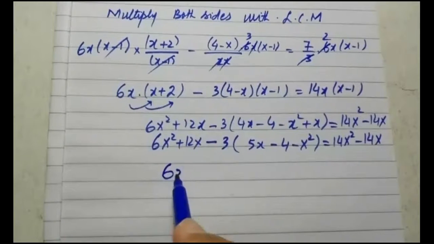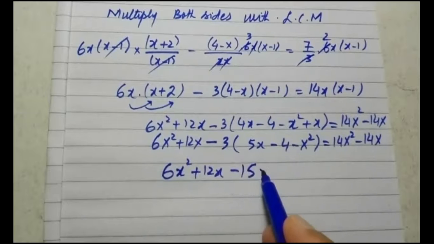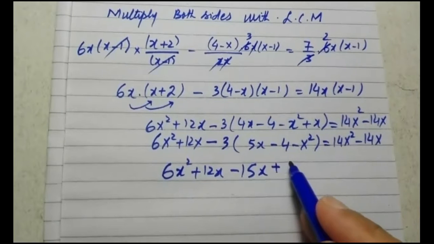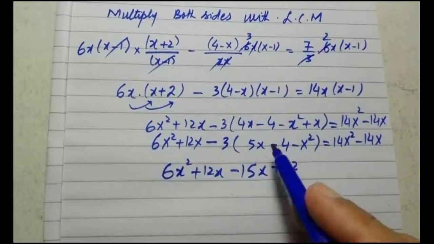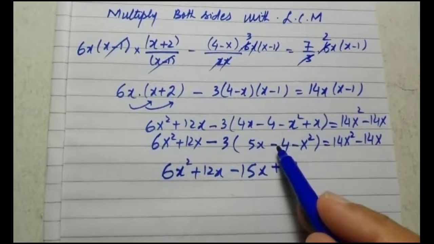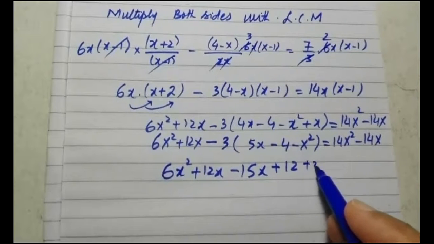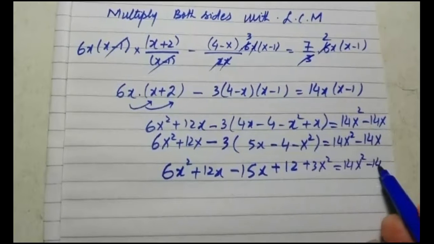Now you have 6x square plus 12x minus 15x. Keep watching, because there are a little bit more calculations. 3 4s are 12. 15x plus 12 plus 3x square minus 14x square and minus 14x.